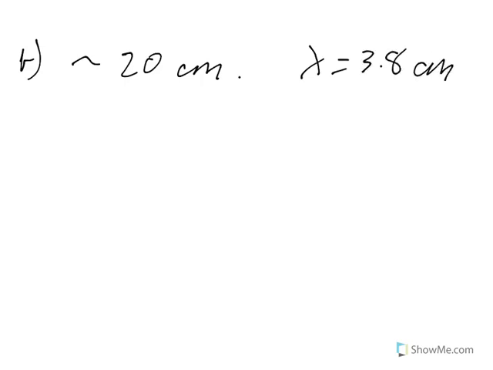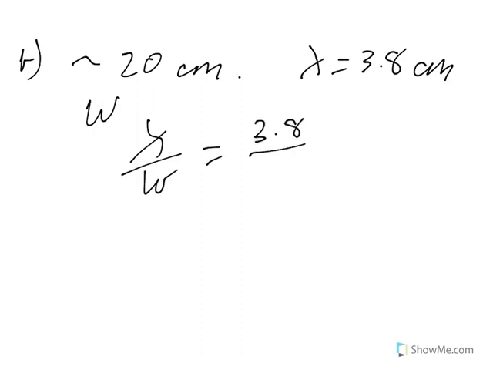So, as I said, quite a significant difference. So it's significantly smaller than the width, if you're thinking of that as your W and that as your lambda, and you're doing lambda on W, 3.8 over 20 is a lot less than 1.